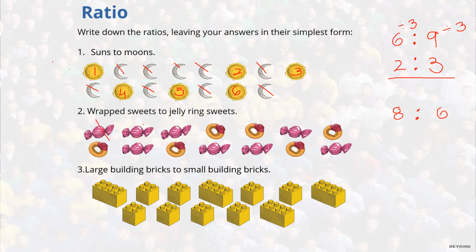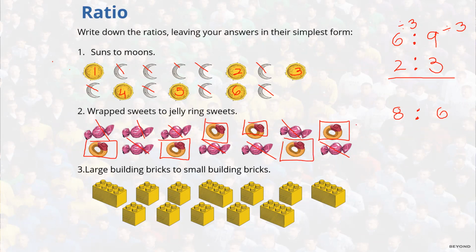Wrap sweets: 1, 2, 3, 4, 5, 6, 7, 8. Very good. And how many jelly ring sweets? There are 1, 2, 3, 4, 5, and 6.